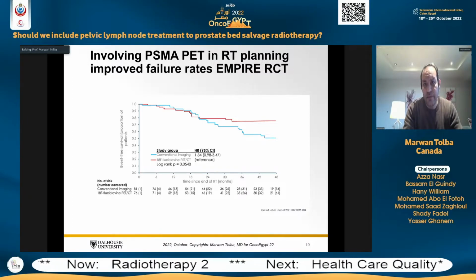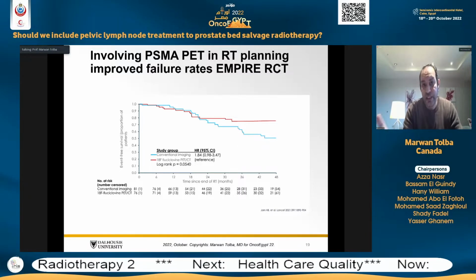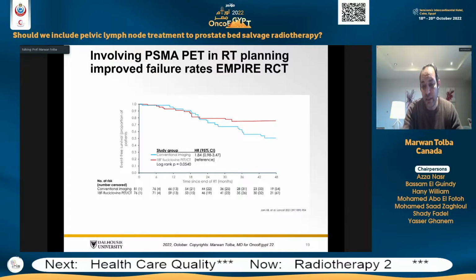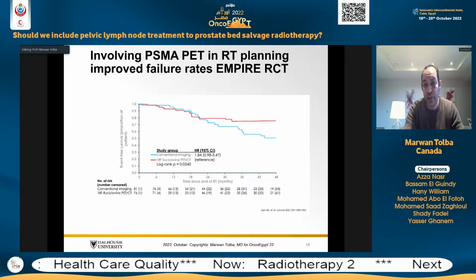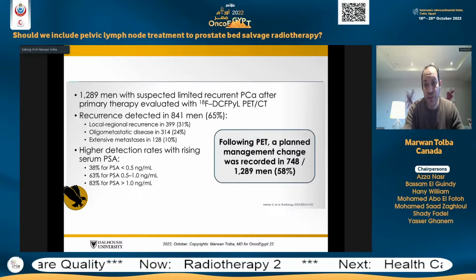But why did I ask for the PSMA PET scan, and why is everyone buzzing about this in the world? Actually, two studies proved that involving the PSMA PET scan in the planning can improve the failure rates, like the EMPIRE randomized controlled trial and the very recent trial published by Metser et al.